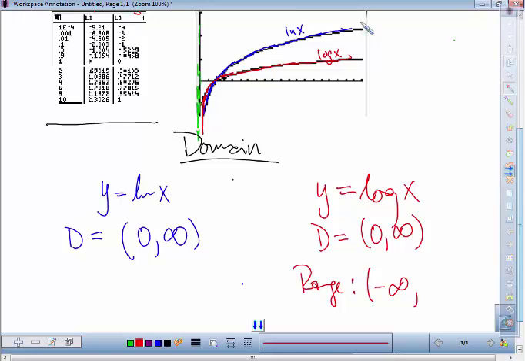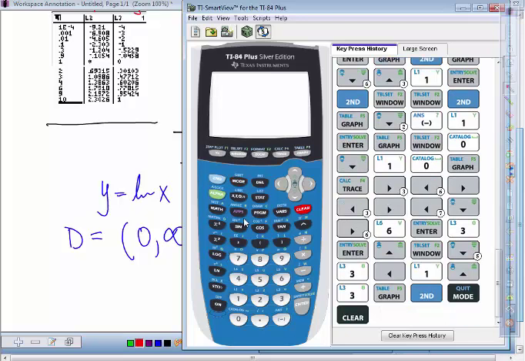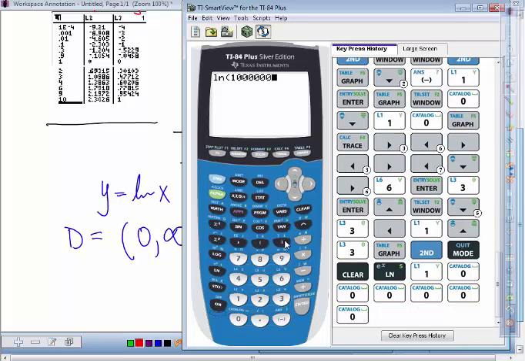Well, I don't know if our calculators can handle this. ln or log, it doesn't matter. Let's do the ln. So let's do ln of 1,000, 10,000. You think it's going to blow up? That's only 13.